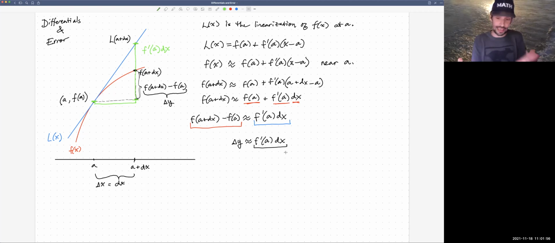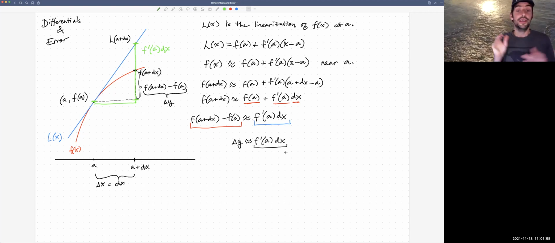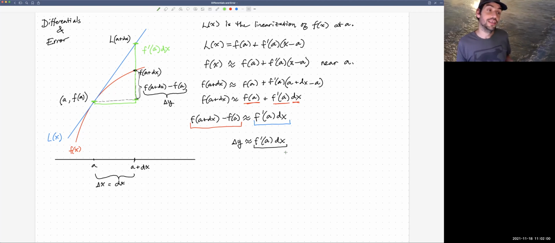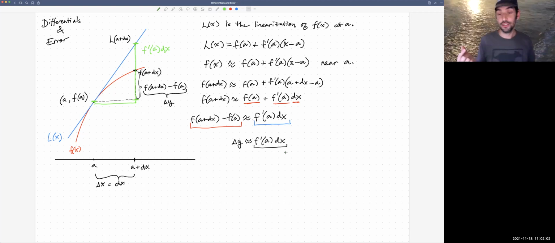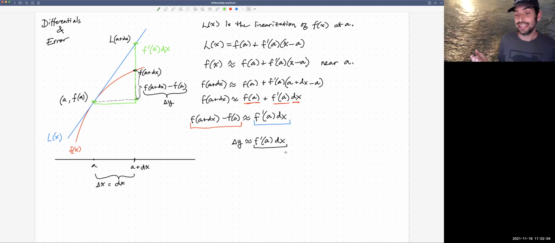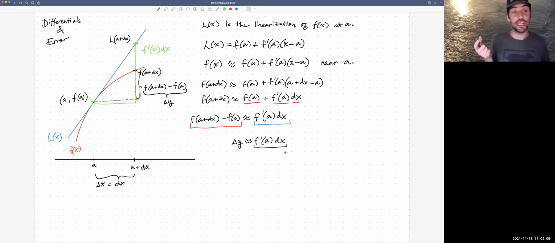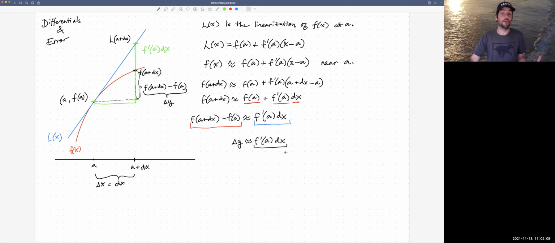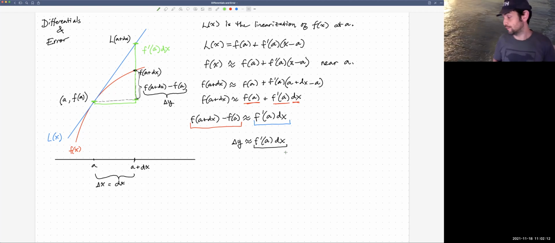So all this statement says is that the change in the function over an interval near a is approximately the same as the change in the linear approximation, which is what we've already been saying. We're really just adding some notation here, right? That was the whole point of the linear approximation.